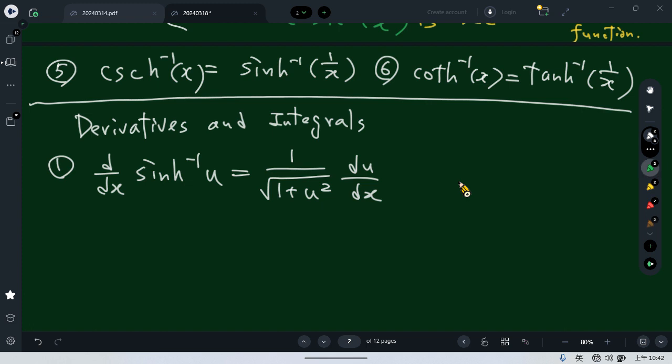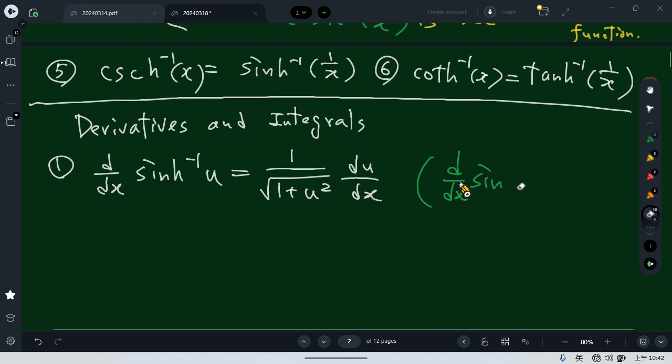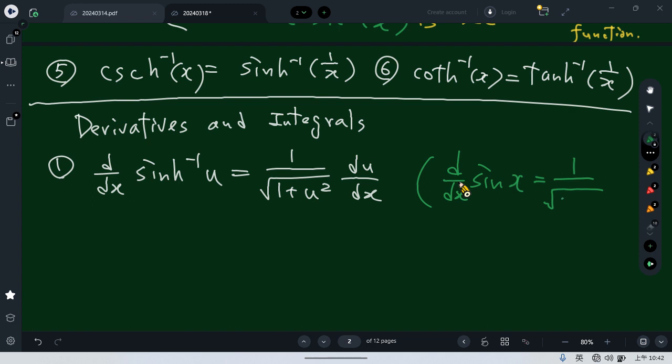So, did you remember this one? What is the result? This is 1 over square root 1 minus s squared.